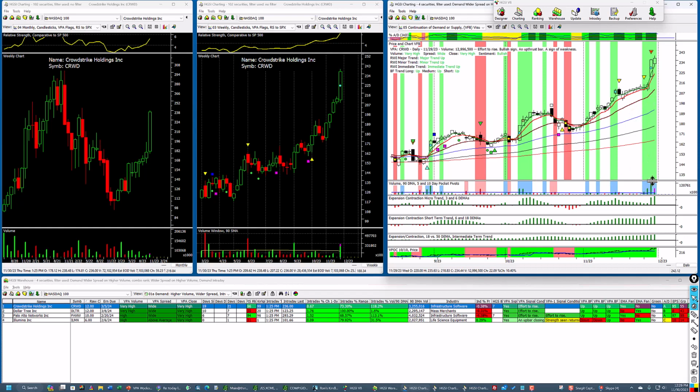Now I want to point some other things out here. I'm going to get this arrow and notice that above average volume started coming into this stock right here. And then it followed through the next day, which was here.